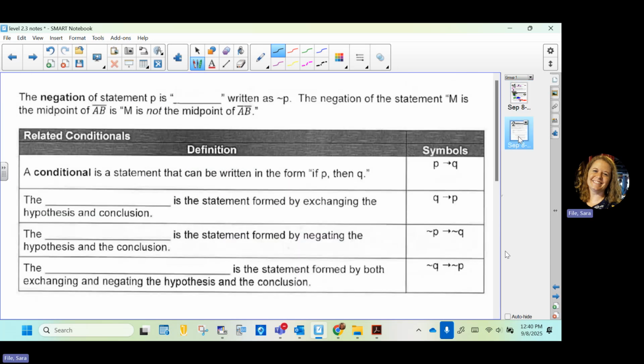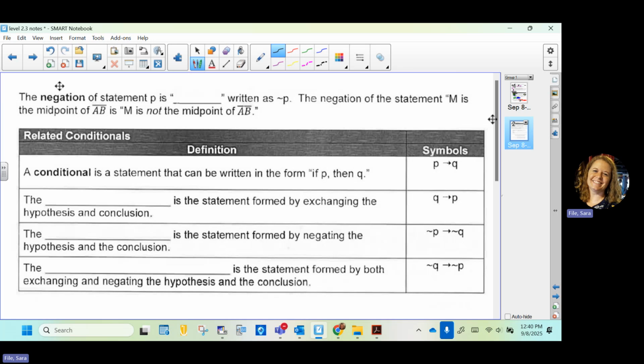Then we are going to learn about some different ways that we can rearrange our conditional statements. That P and that Q, that hypothesis and conclusion. Sometimes this gets confusing, but there is symbolism for all of these. When you negate something, that means you do the opposite. It's like the negative of it.